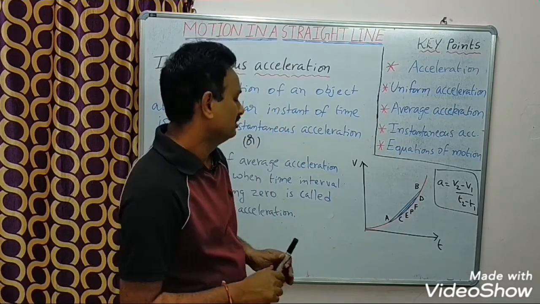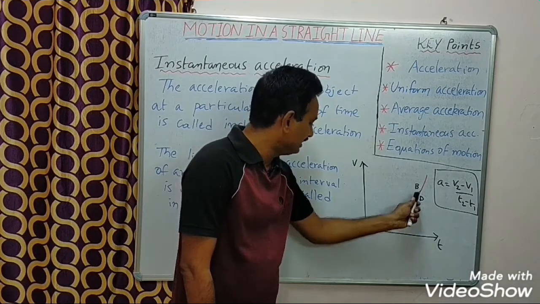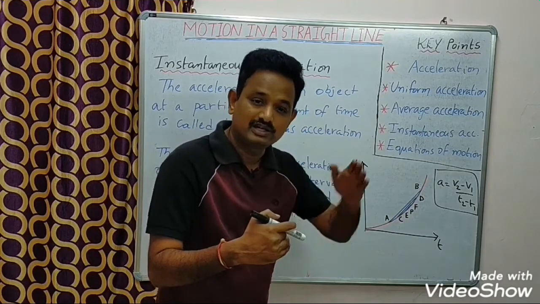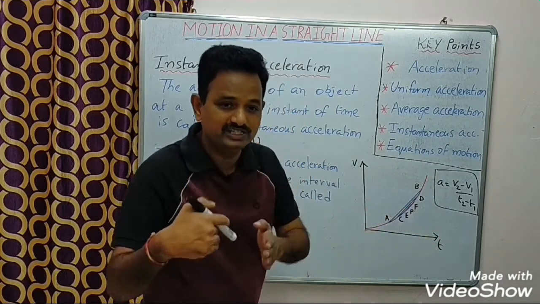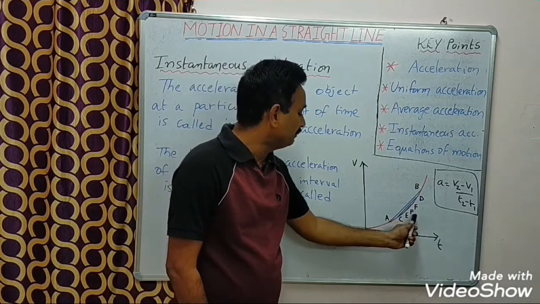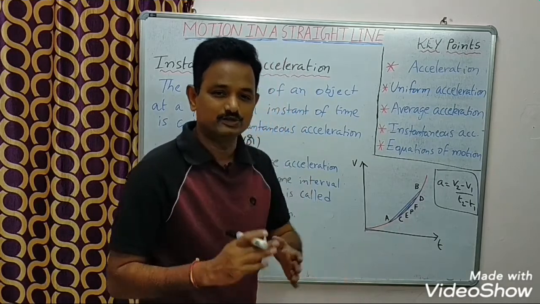The time interval reduces from tangent AB to CD. At the same time, the time interval at point P for tangent EF is approaching zero.